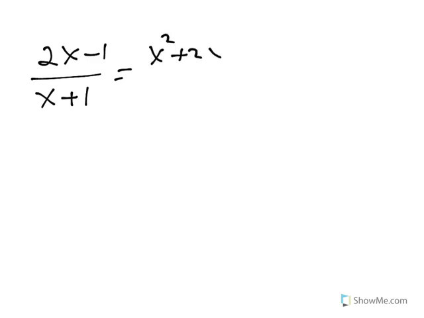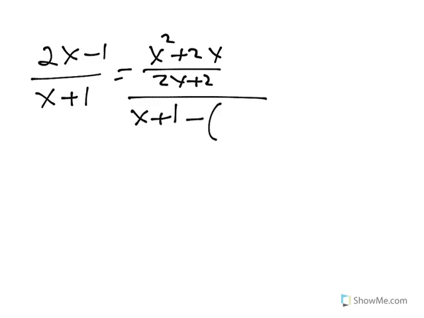So we end up with this expression. This is all going to become algebra now. (2x minus 1) over (x plus 1) equals, now d we got from before was (x squared plus 2x) over (2x plus 2), and that's x plus 1 minus that thing.